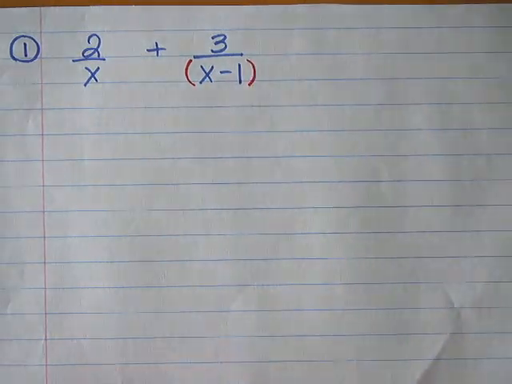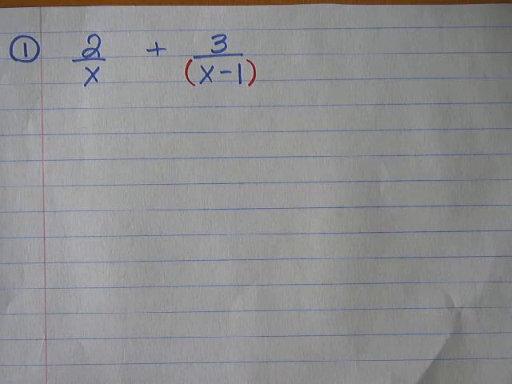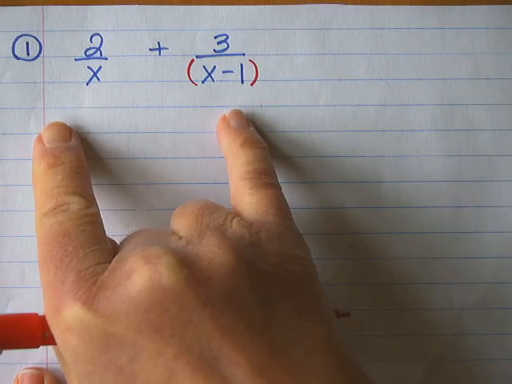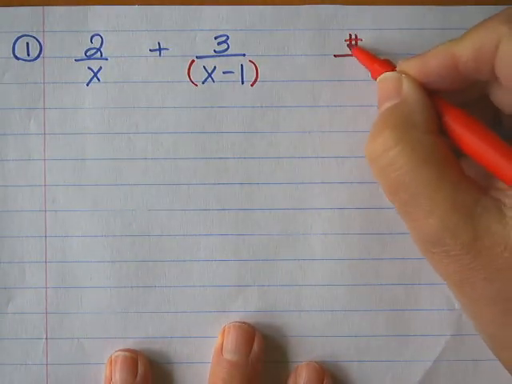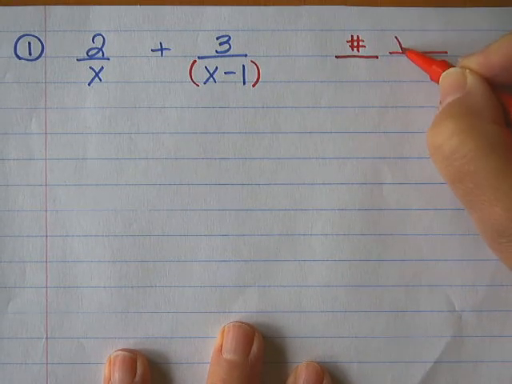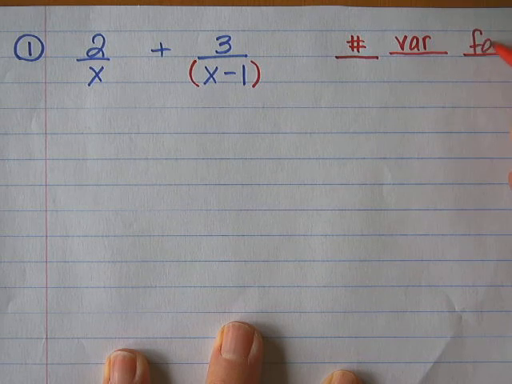Remember that idea that when you have an expression, think about it as a group or a family. If I needed a common denominator of a variable and a family, it would be these two things multiplied together, because common denominators are going to have a number part, a variable part, and a family part.